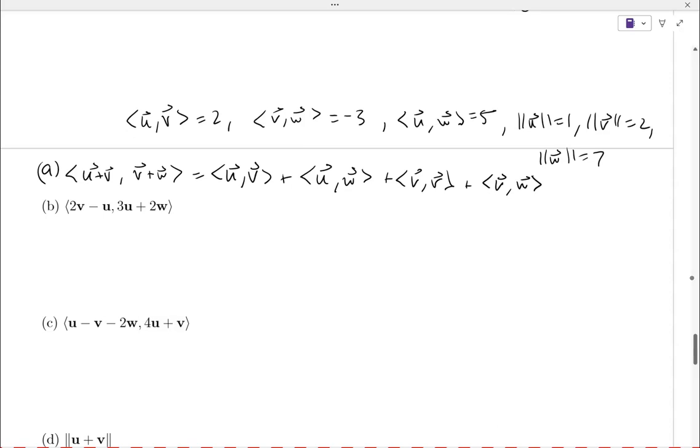What's u dotted with v? 2. U dotted with w? 5. How about v dotted with itself? Yeah, it's 4, right? Because it's the norm squared, right? And then v dotted with w is negative 3. So we get 8 when we add that all together.